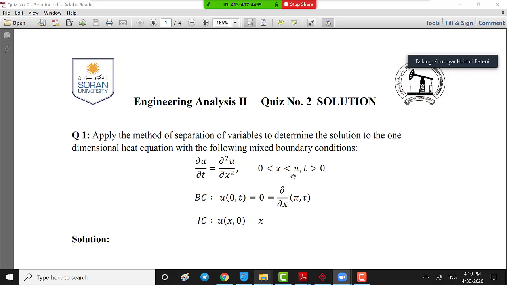Asu, what is the value of L here in this example? Exactly.